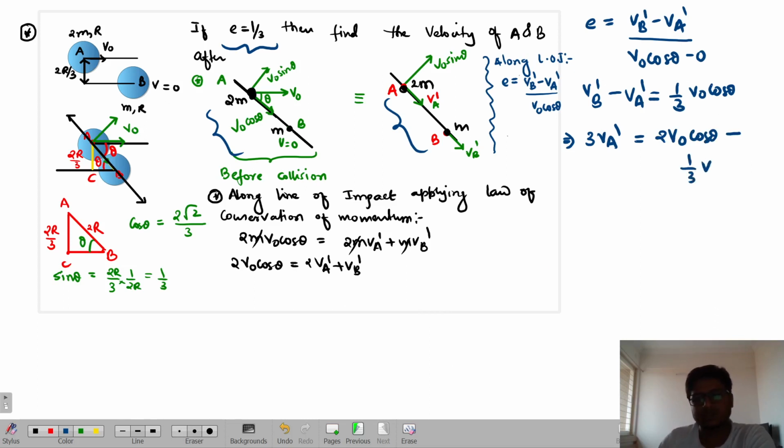So VA dash appears as 5 V naught cos theta divided by 9.